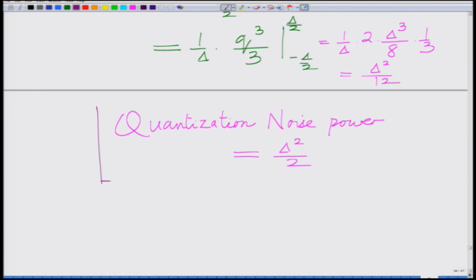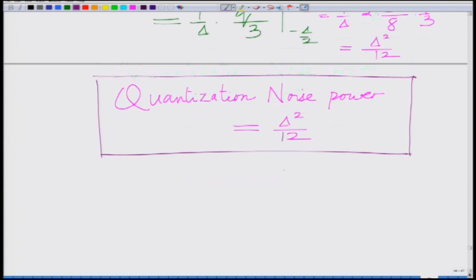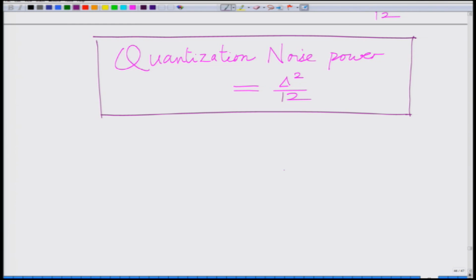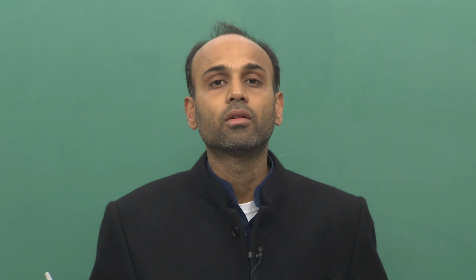So, this is our assumption of quantization noise power, that is delta square by 12. And so this is your quantization noise power. We have the quantization error, which causes quantization noise, that has a noise power delta square by 12.